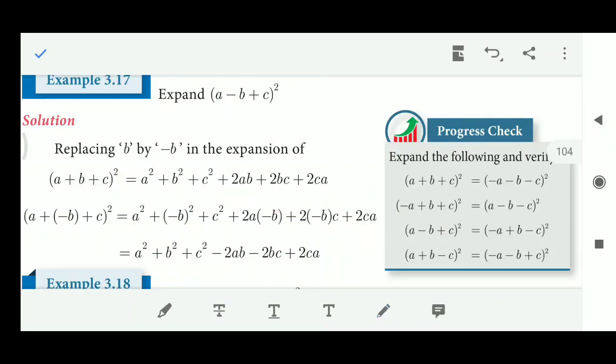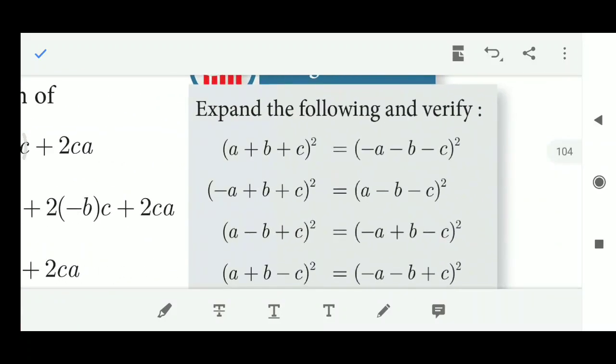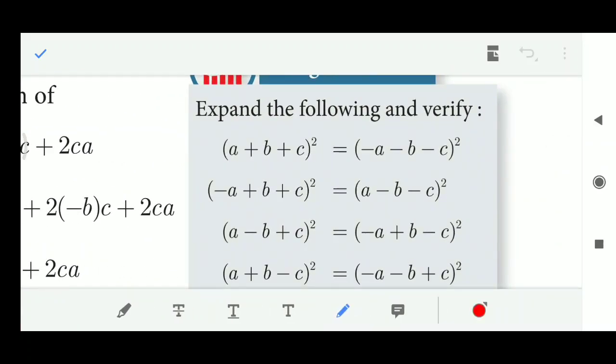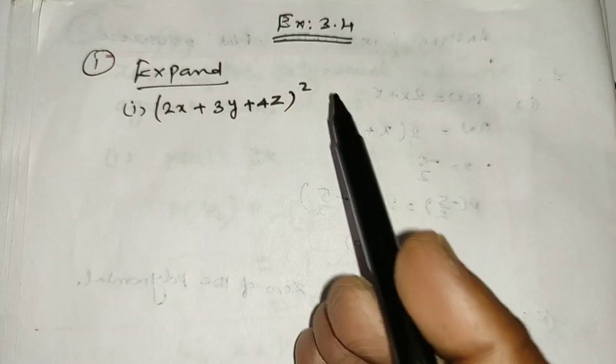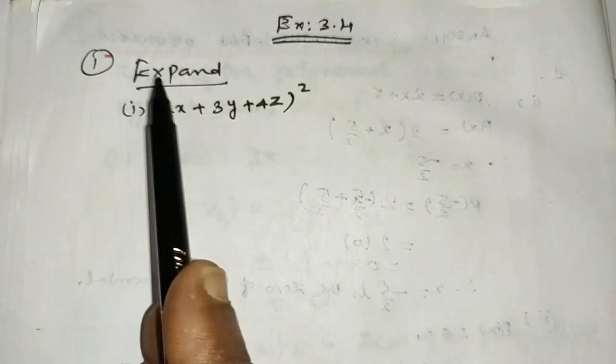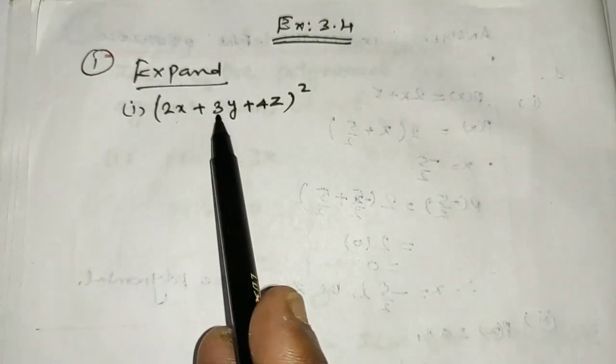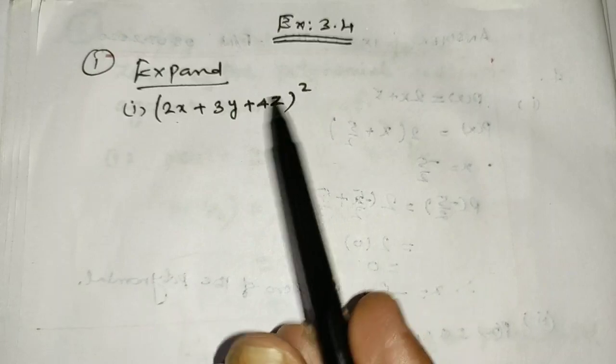Like that you can do the sum of the expansion, which is given here as minus a plus b plus c whole square, a minus b plus c whole square, a plus b minus c whole square, like that. Now in exercise 3.4, first sum we have expand 2x plus 3y plus 4z whole square.